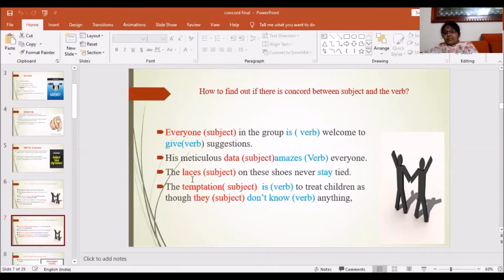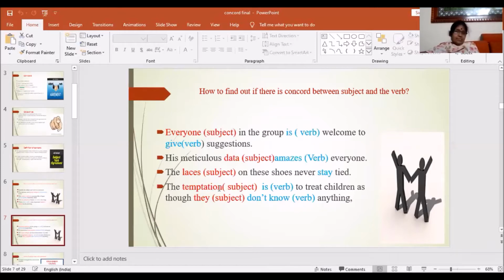Now look at this sentence. The laces on these shoes never stay tight. Generally, students will think that shoes is the subject. Shoes is not the subject. We are talking about laces. So laces is our subject and stay is our verb. Now see this little complex sentence. The temptation is to treat children as though they don't know anything.